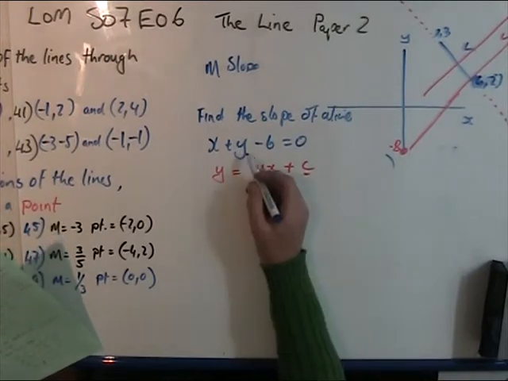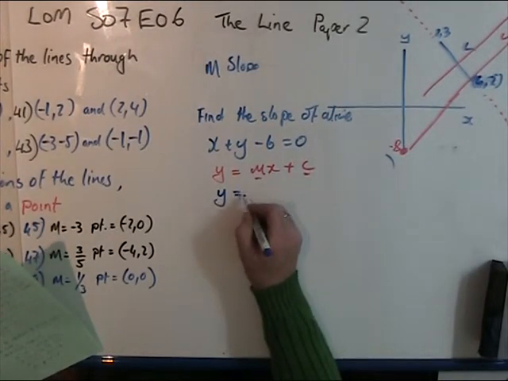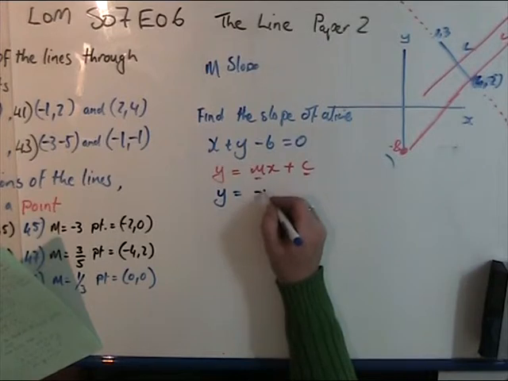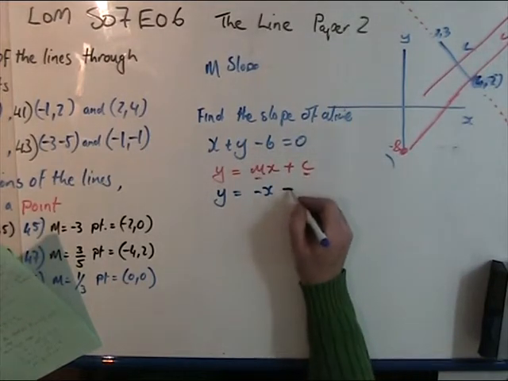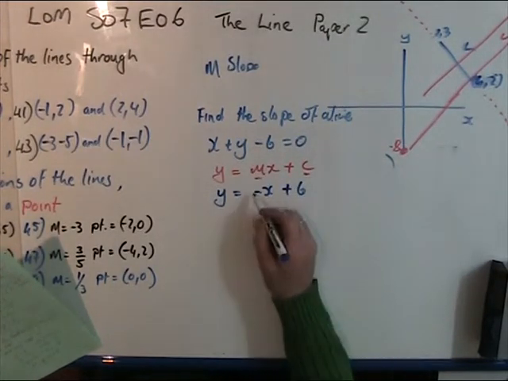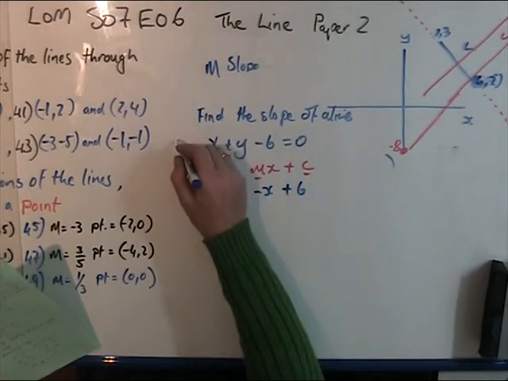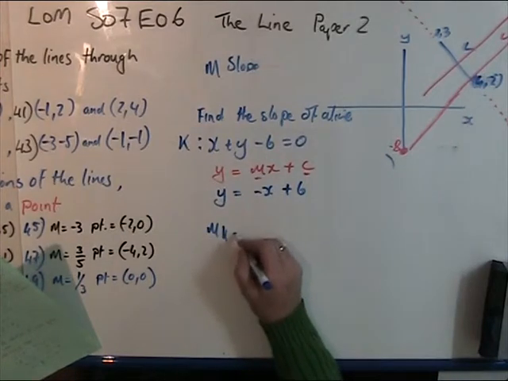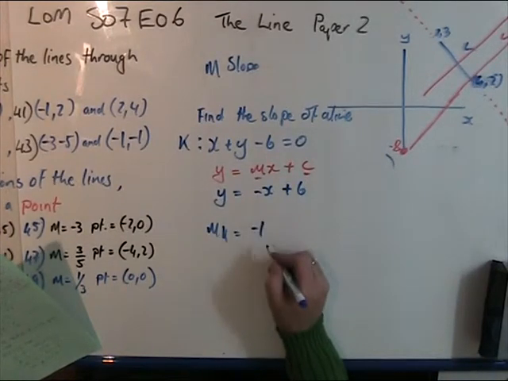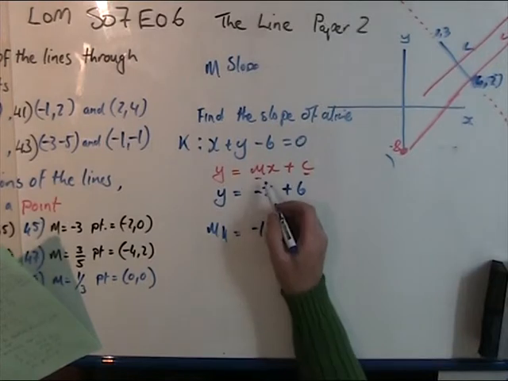Anyway, so y is equal to, bring the x over becomes minus x, bring the minus 6 over becomes plus 6. The slope of that line, m of that line, we'll call it k, m of k is equal to minus 1. So you're putting it in that form.